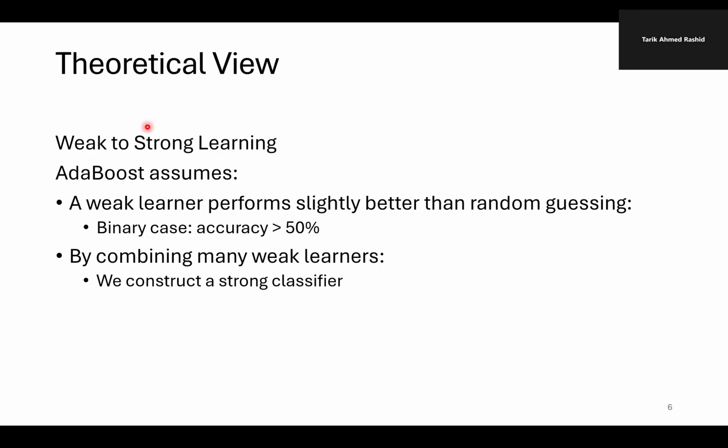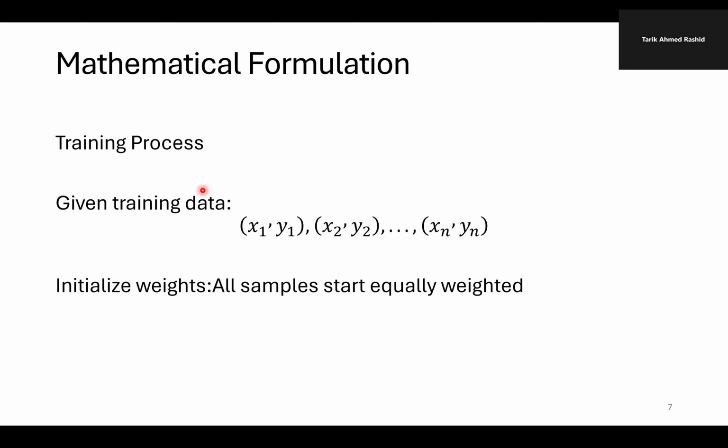Now, theoretical view, weak to strong learning, which assumes a weak learner performs slightly better than random guessing, in the binary case accuracy greater than 50%, and by combining many weak learners, we can construct a strong classifier. So, mathematical formulation: there is a training process.